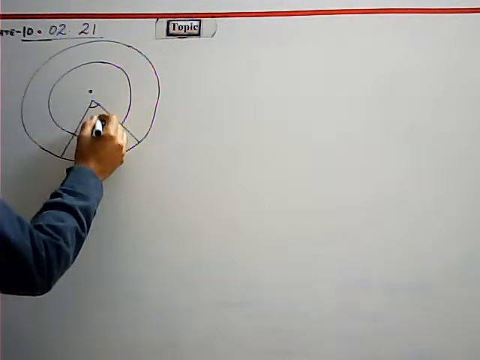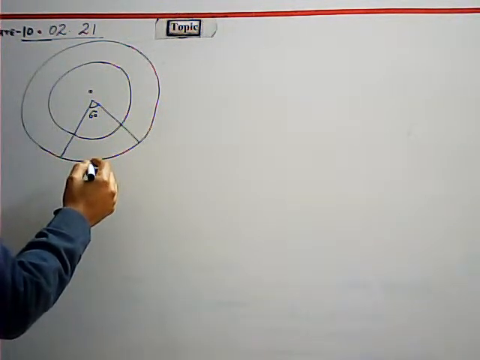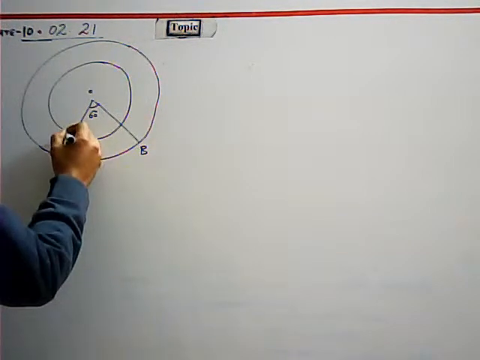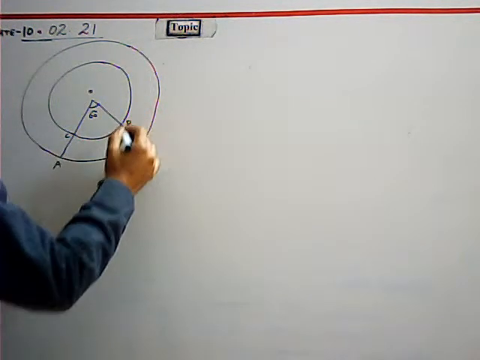Angle is 60 degree here, right? So here portion is A, B, C, D.